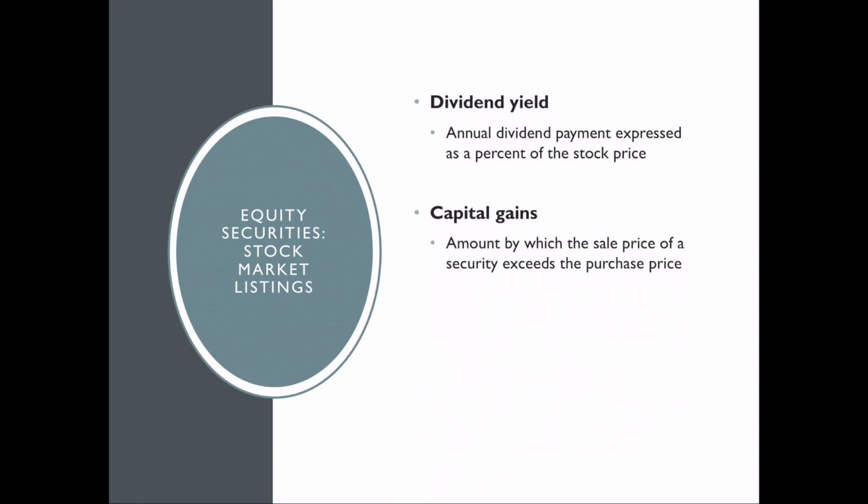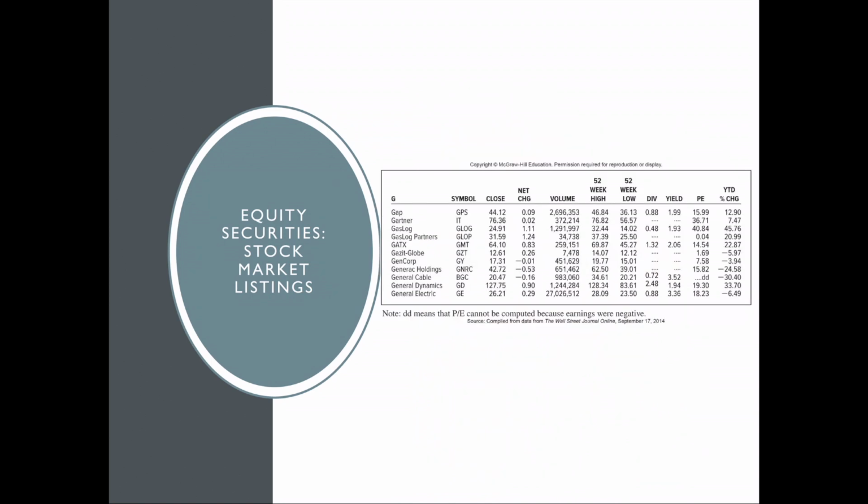Capital gains is the amount by which the sale price of a security exceeds the purchase price. And then lastly, you have your price to earnings ratio, which is a ratio of the stock's price to its earnings per share. This is what you might see when you are looking at a stock market listing. So you can see all these different stock securities and all of these different pieces of information.